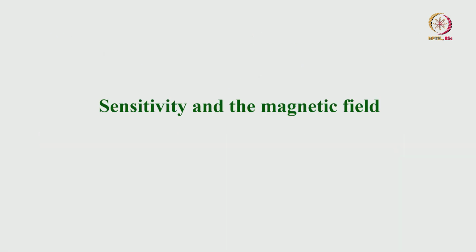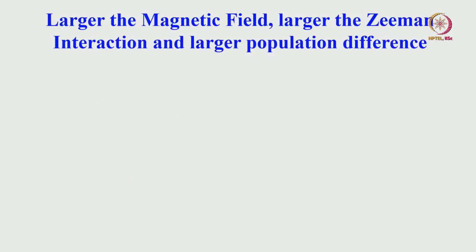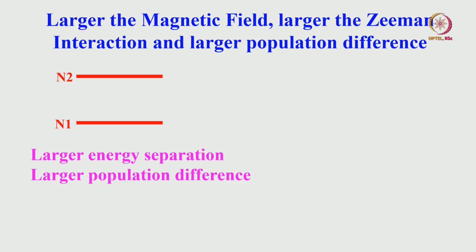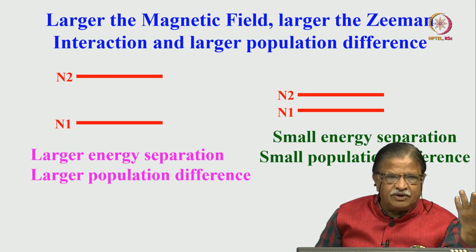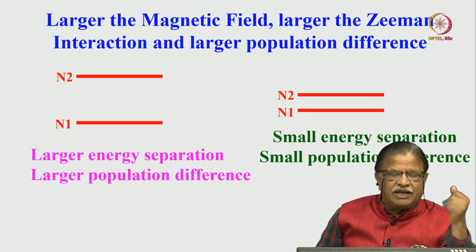Now what will happen to the sensitivity when I increase the magnetic field? As I told you, delta E is linearly related to B naught. As B naught increases, the energy separation increases. When energy separation increases, population difference increases. Consider two energy states.